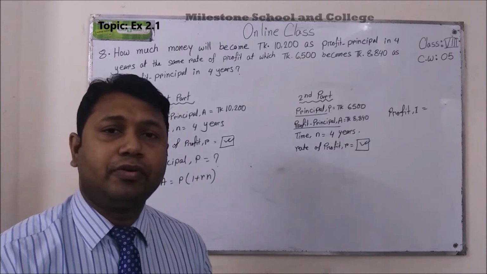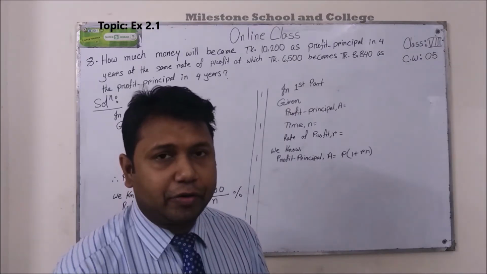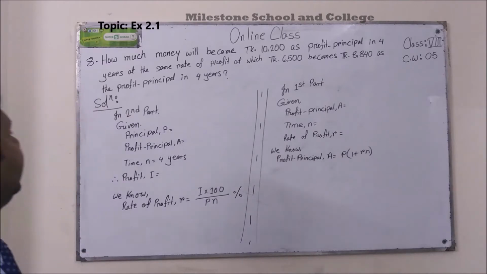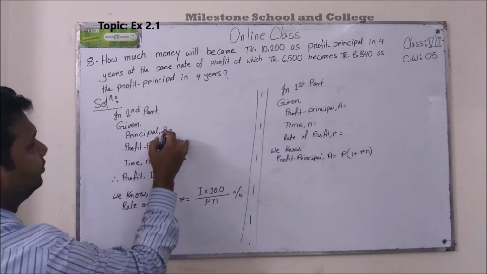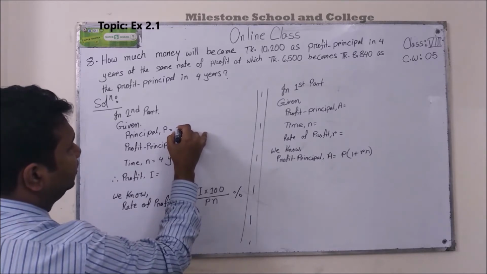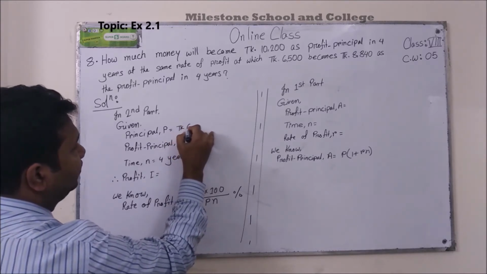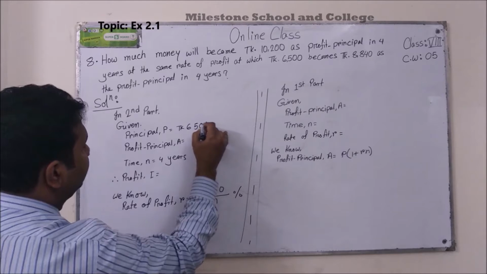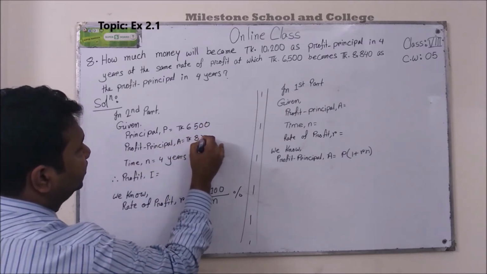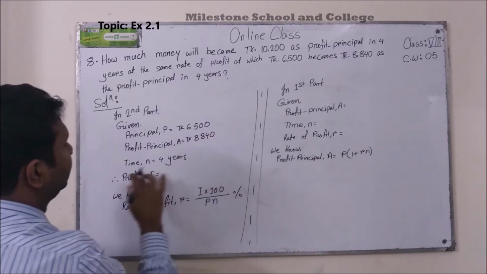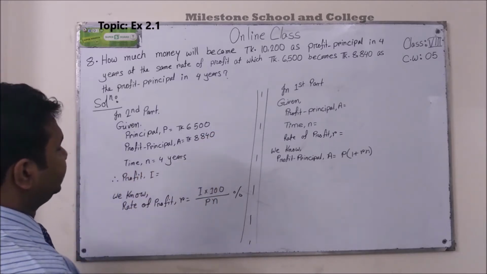Now we are going to solve. How are we going to solve? You can see that this is your second part. Here principal is given taka 6,500, profit principal A equal to taka 8,840, time N equal to 4 years.